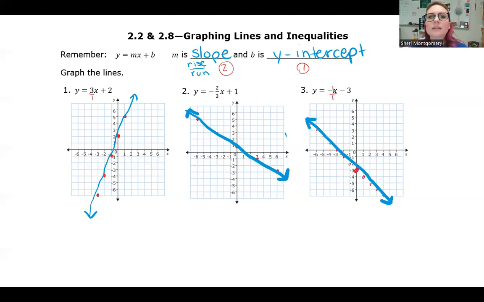All right, my line kind of jumped a little bit, but because I have all my points plotted, I am good. Please do not forget your arrows. If you don't have arrows, you will lose points.